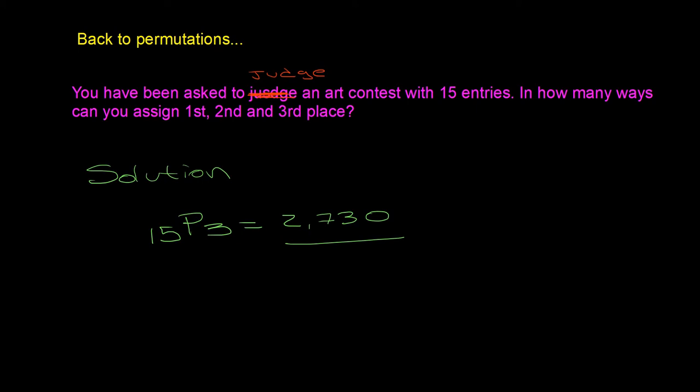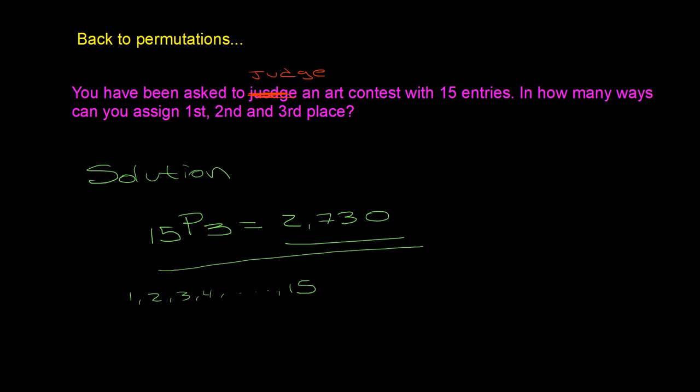Please have in mind that even though this is a very simple procedure, it's a very powerful procedure. If we did not have permutations in our toolbox of counting, then we would have to write something like this. Let's say that each number represents one of the entries in the art contest.